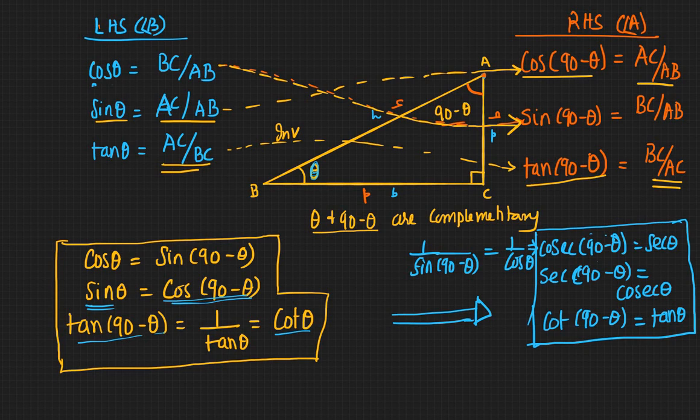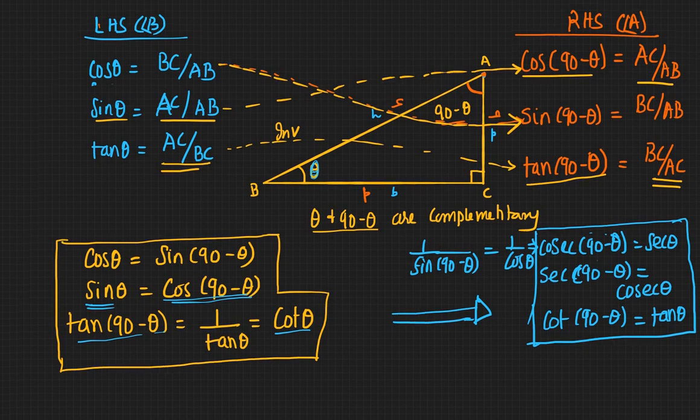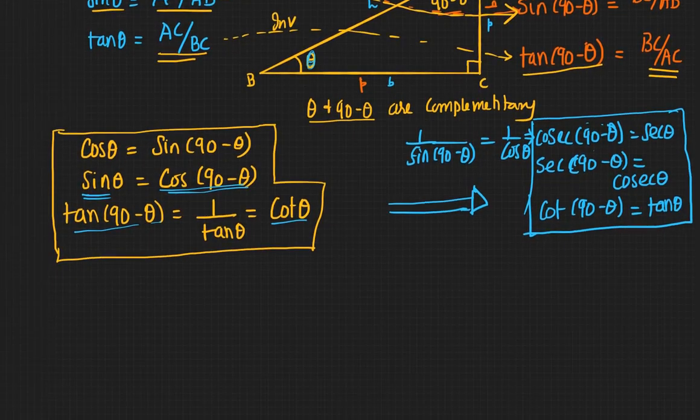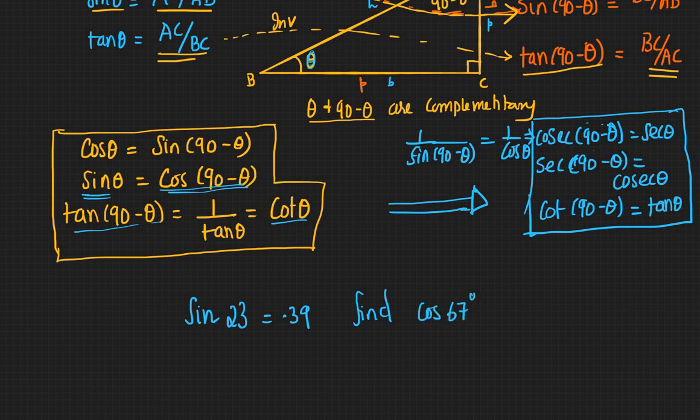So before we wind up this video, let us see what it means. If I were to ask you, sine of 23 is equal to 0.39, find cos of 67.